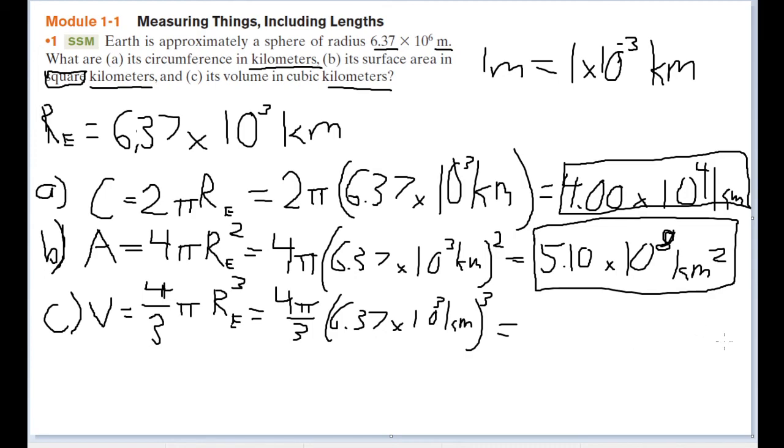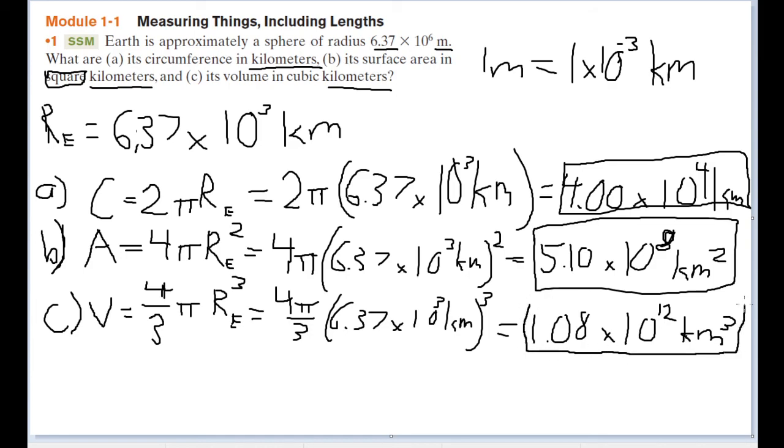And so the value we get for plugging this in is about, in 3 sig figs once again, 1.08 times 10 to the power of 12 kilometers cubed. All right. There we go. And so that is the answer for all 3 of our parts to that problem.